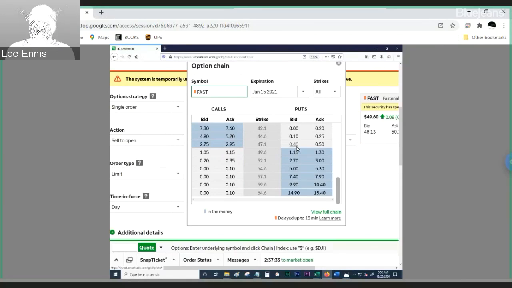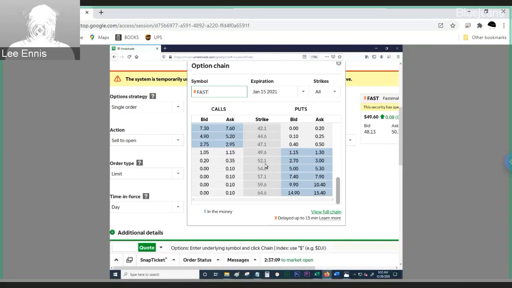Someone is going to give us $40 to do that. And then we can, at the same time, sell the stock at $52, and someone will give us $20 to do that. So we're making $60 plus another $500. So $560 for this iron condor strategy.